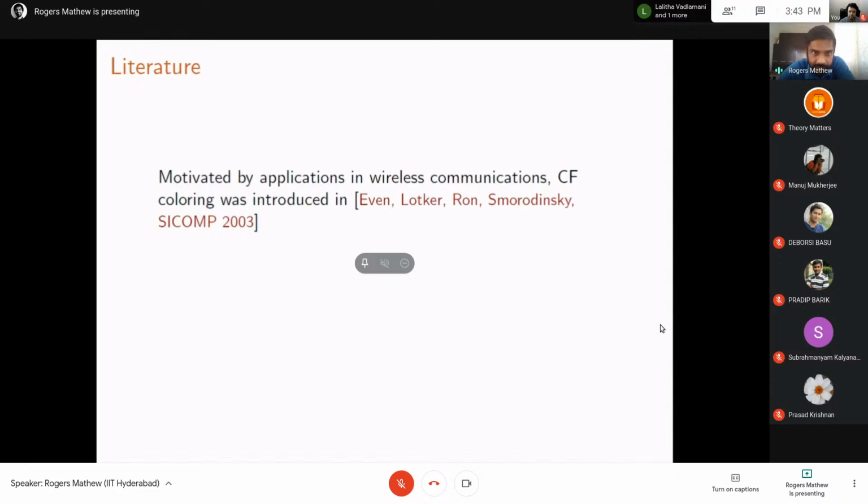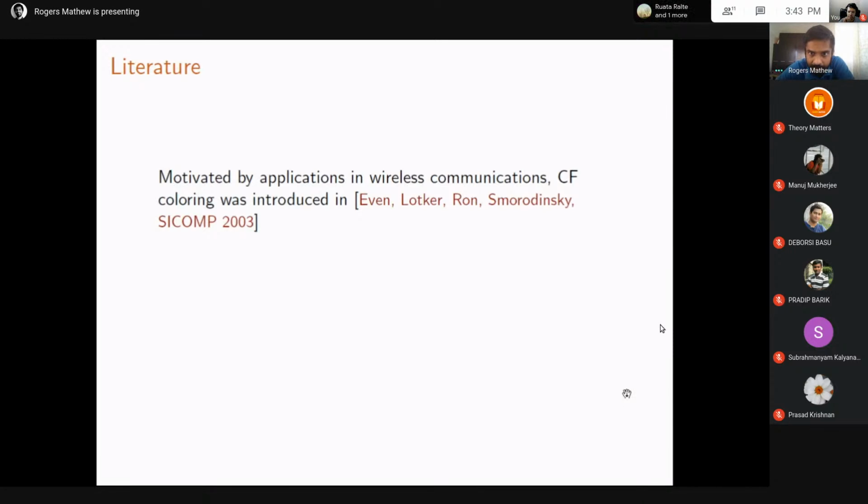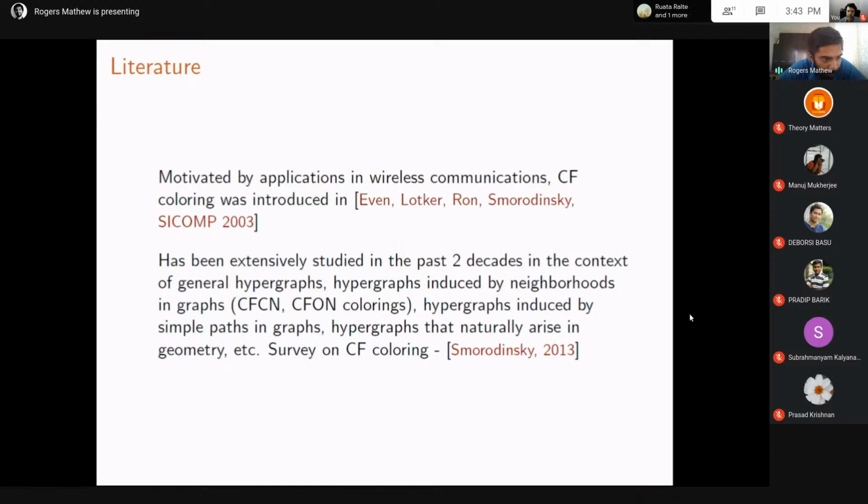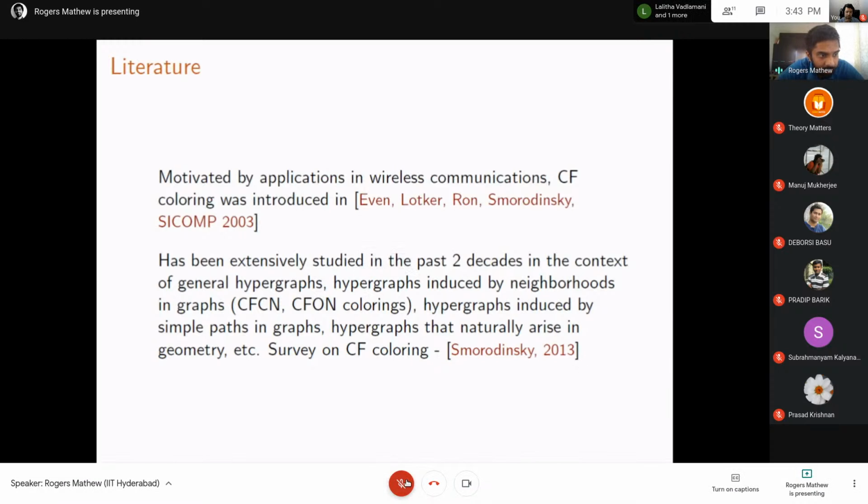As I said, it's motivated by applications in wireless communications, and so it has been extensively studied. For people in wireless communications, the study on geometric graphs, like unit disk graphs, which are close to this practical application, may be of more interest.